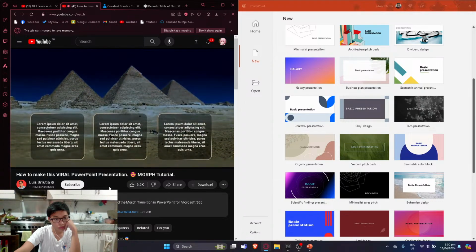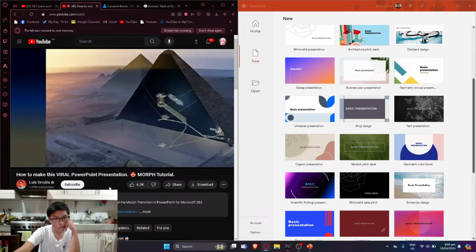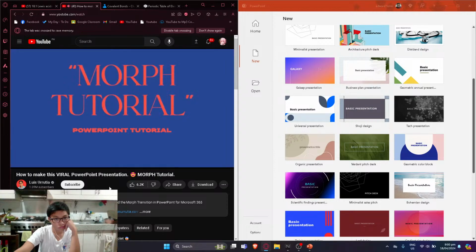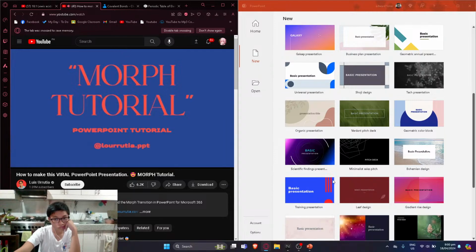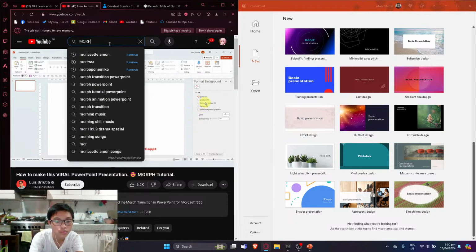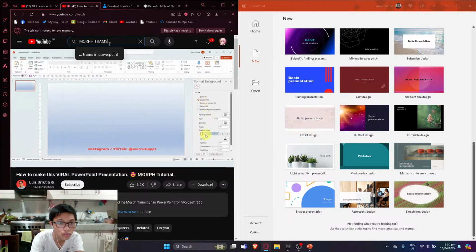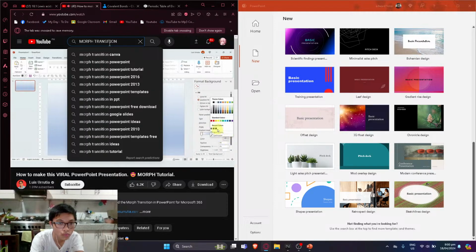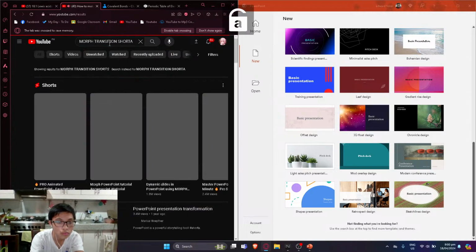I'm using PowerPoint for Microsoft 365 as we'll be using the morph transition. Now, the first thing that we'll do is that we'll add a gradient fill to our background. So just right click on the slide and click on Format Background.